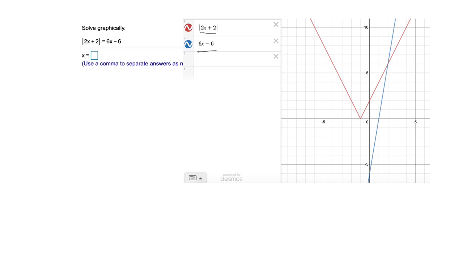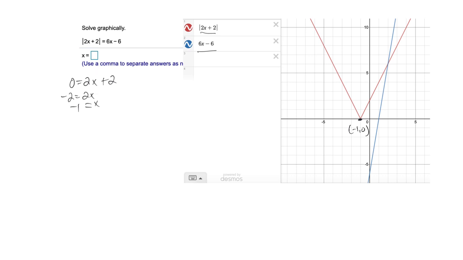This is because you have no vertical change for the absolute value of 2x plus 2. So we're going to set that equal to 0 to solve for our x value. Get -2 equals 2x, and x equals -1. Right, as you can see, -1, 0 is your vertex.